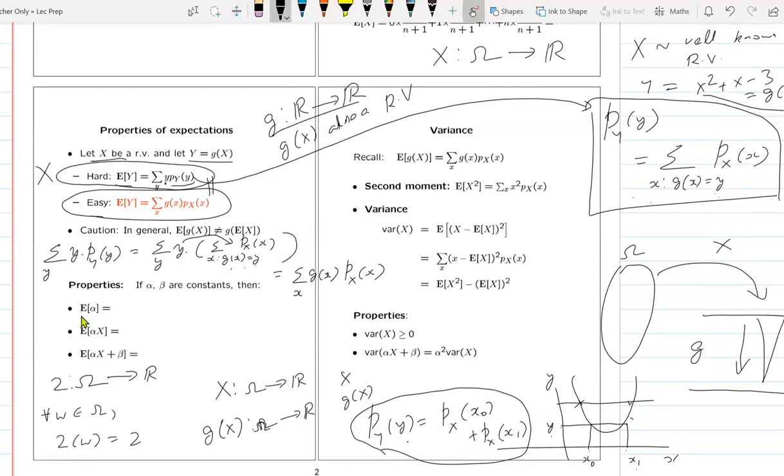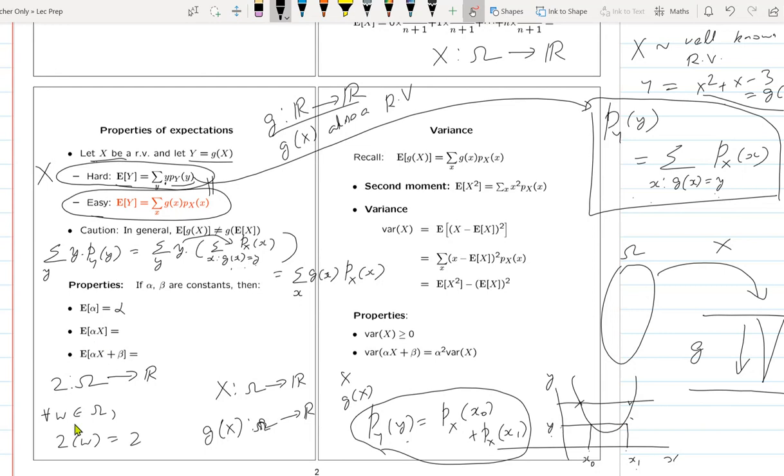So what is the expected value of a constant random variable alpha? Alpha, because any element of your sample space is mapped to alpha. So you essentially will do alpha times the summation of all the probabilities, which is alpha only.